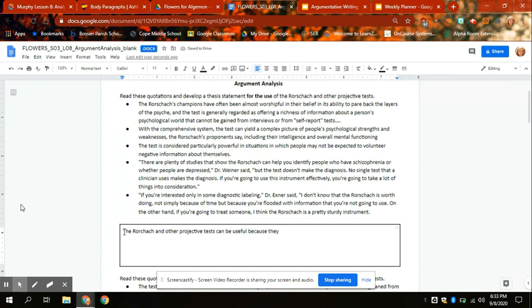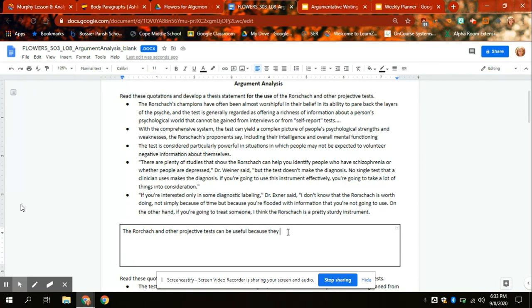So here's our claim, they can be useful. Because says that I'm about to give you reasons. Okay, so two things that we see that these five things have in common is that they show us information about a person that they would not willingly provide about their strengths and their weaknesses.